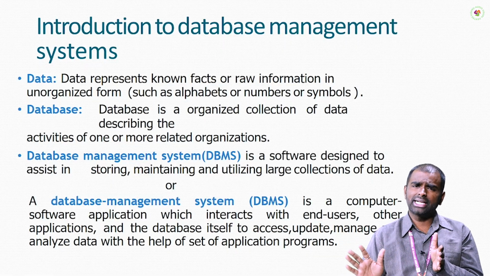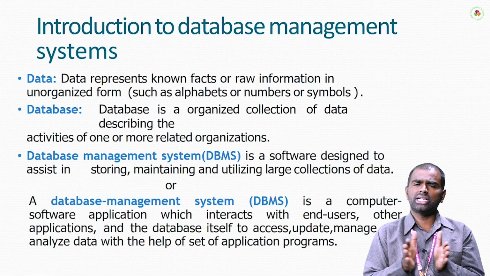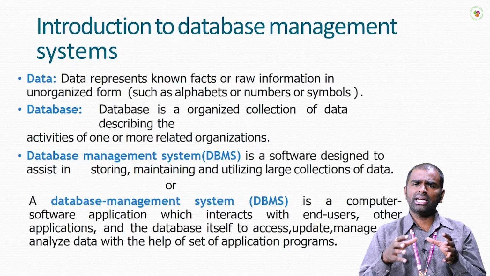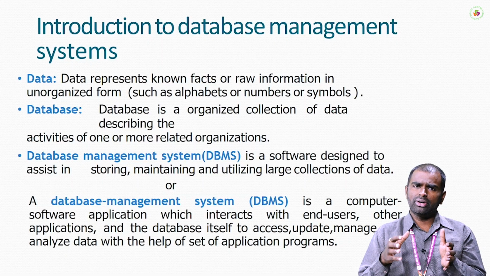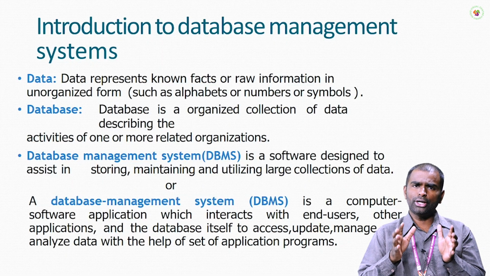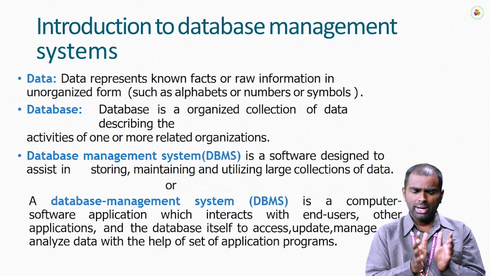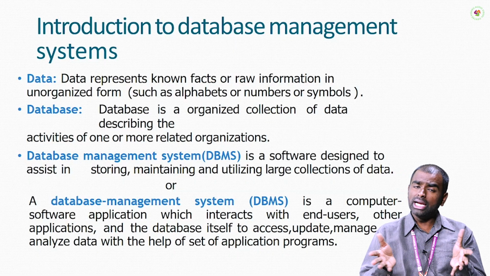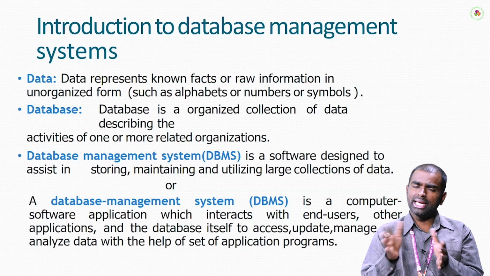These are all related to the university. Like that, a database is just a collection of related data, in the form of tables, particular to one specific domain, related to one or more related organizations.